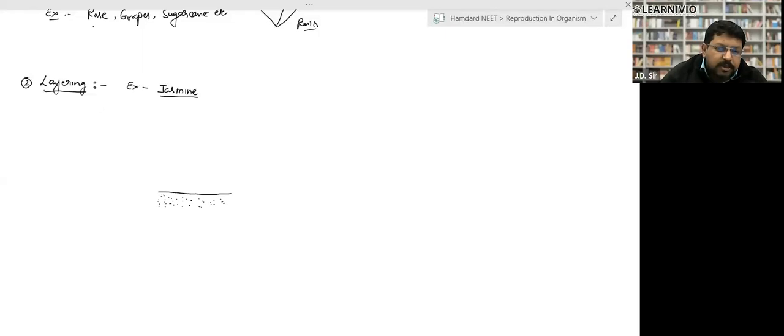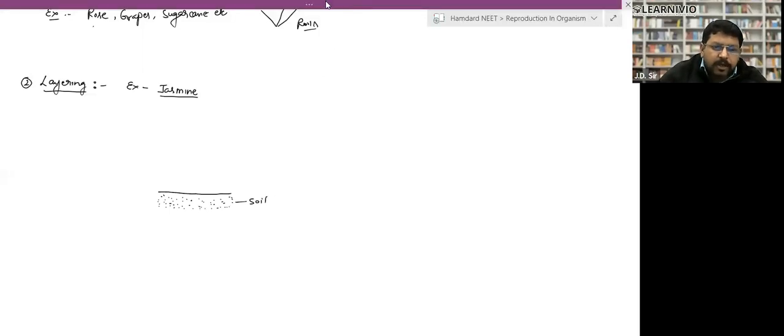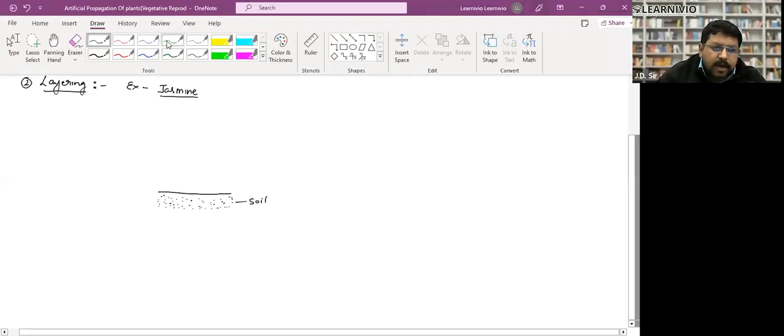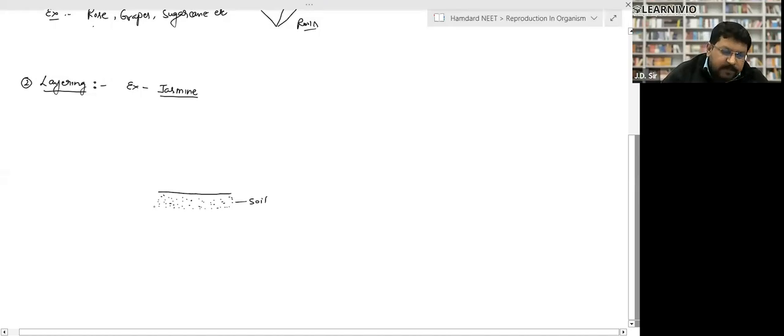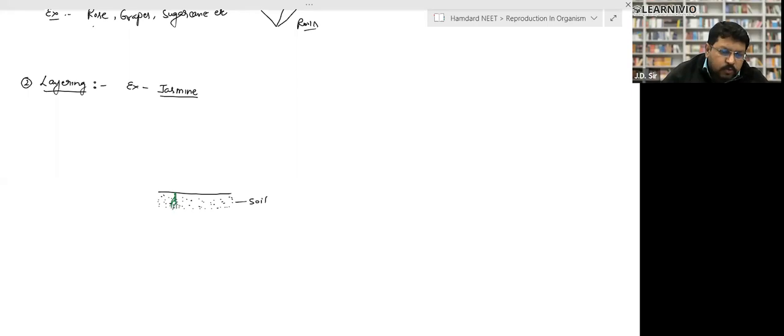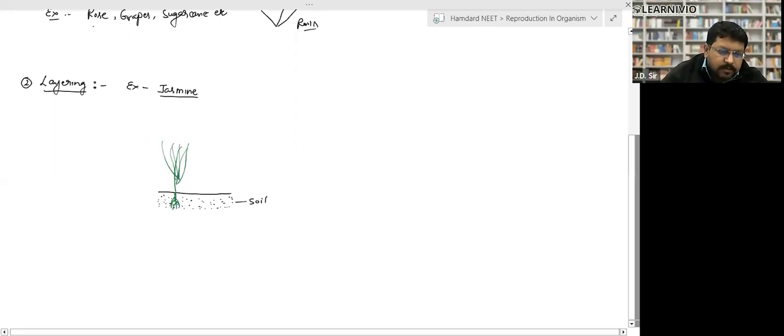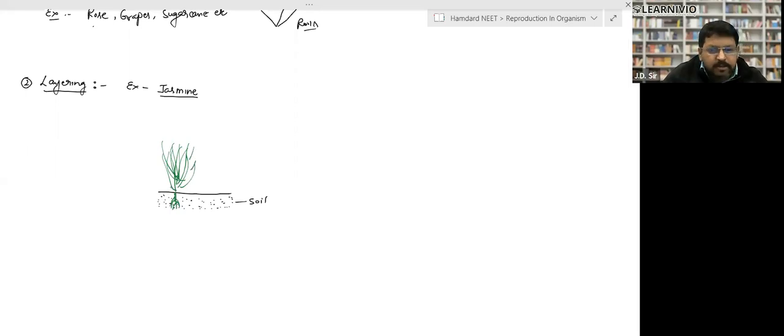So jasmine plants are propagated this way. This is the ground, this is the soil, right? Let's say there is a jasmine plant.